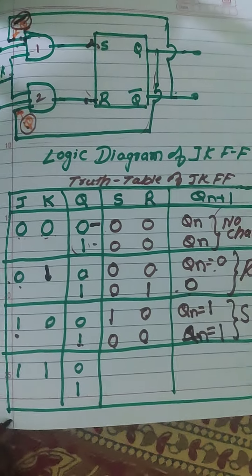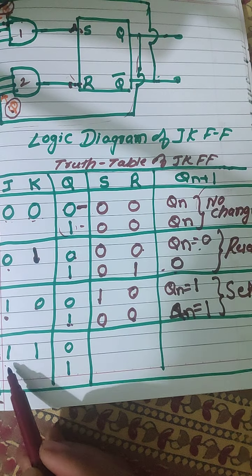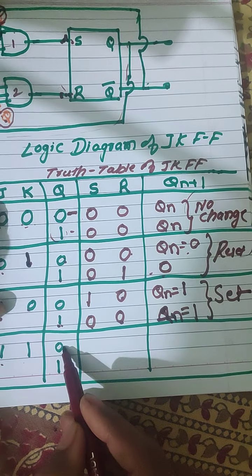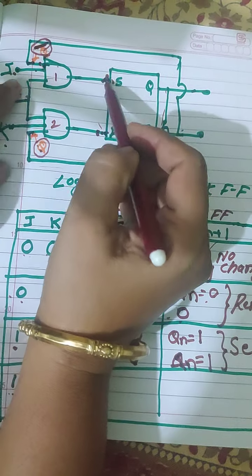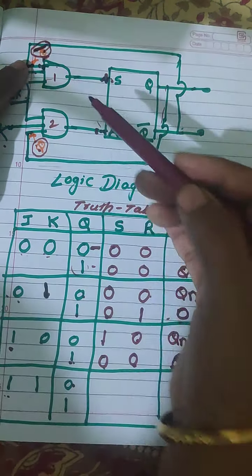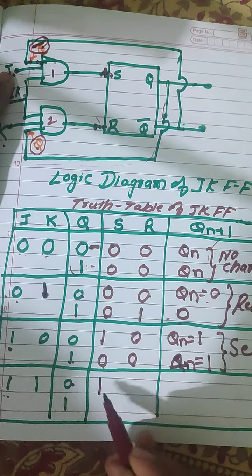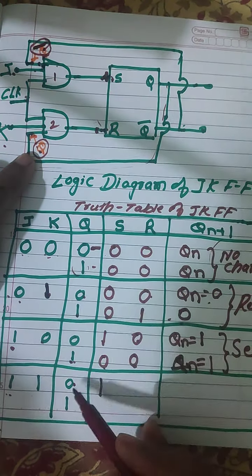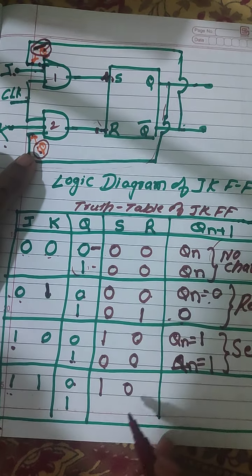Now the last interesting case we are going to see is when both J and K are 1 and 1. Let us assume first Q is equal to 0. When Q is equal to 0, we analyze what S will be. Q bar is 1. Whatever J is there, it appears at S. And Q is 0, so don't worry about K, R becomes 0.